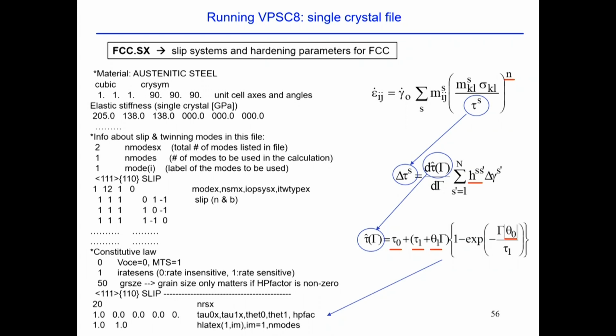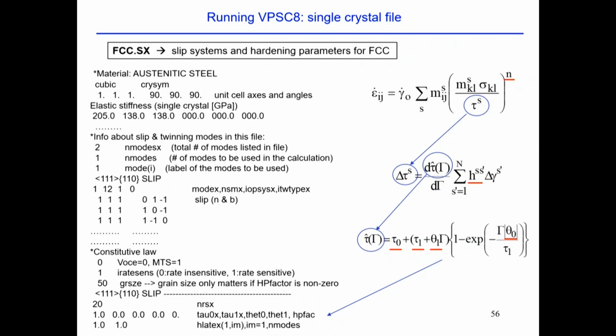And then after you have read all the slip modes, then comes the constitutive law. The constitutive law is recognized by an identifier, which is 0 for the Voce law, 1 for the MTS law, and there are several other laws in the code. They are not listed there, but you have several other laws, which in the examples that you have will be properly listed.